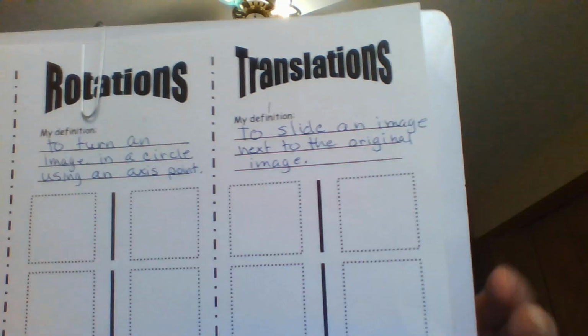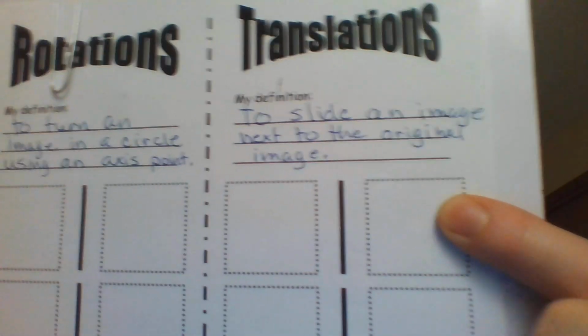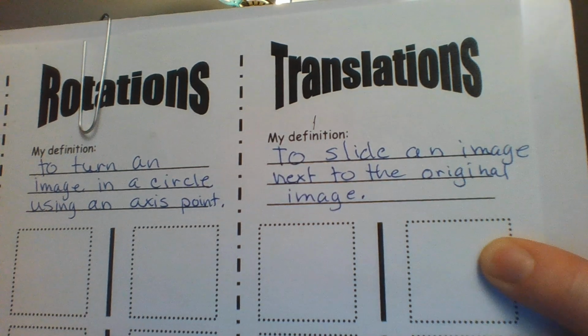So translation is to slide an image next to the original image. And that can be up, down, side to side, or diagonally. I'm not going to write all of those down.